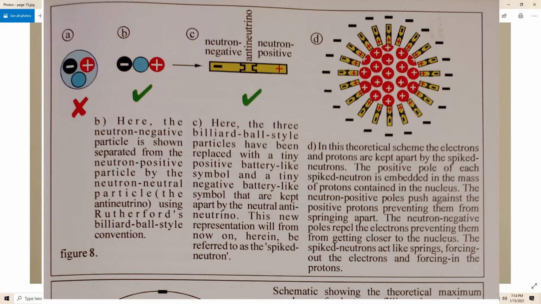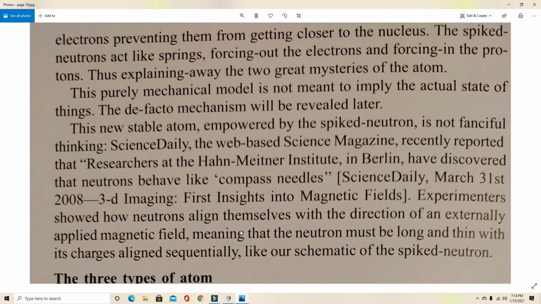At the same time, the neutron negative pole repels the electrons, preventing them from getting closer to the nucleus. The spiked neutrons act like springs, forcing out the electrons and forcing in the protons, thus explaining away the two great mysteries of the atom. This purely mechanical model is not meant to imply the actual state of things. The de facto mechanism will be revealed later.